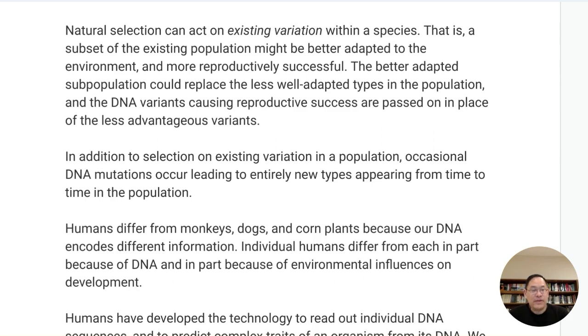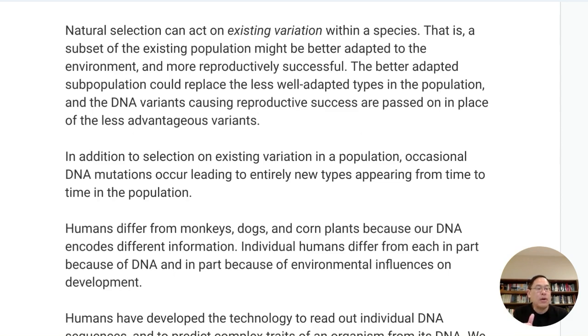So two individual humans differ from each other in part because of their DNA and in part because of whatever environmental influences have acted on their development. Identical twins are very similar. They tend to be similar even if they were adopted into different families and raised in somewhat different environments.